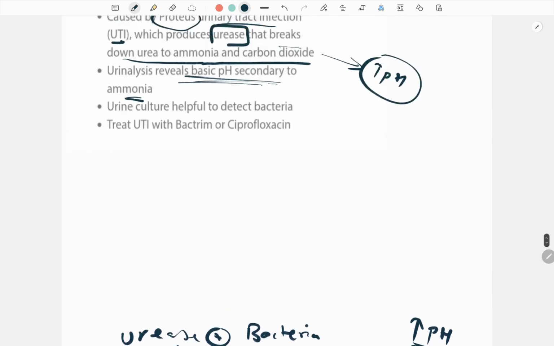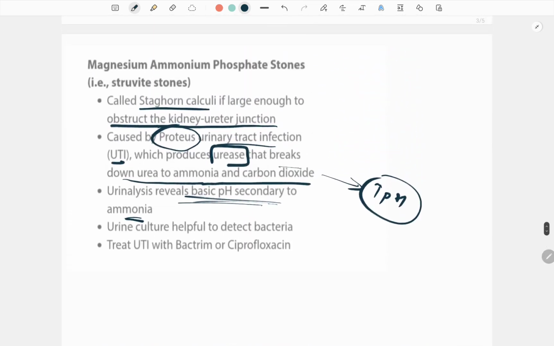So this is how the urease leads to basic pH of the urine, which is secondary to ammonium. Urine culture may be helpful to detect the bacteria.